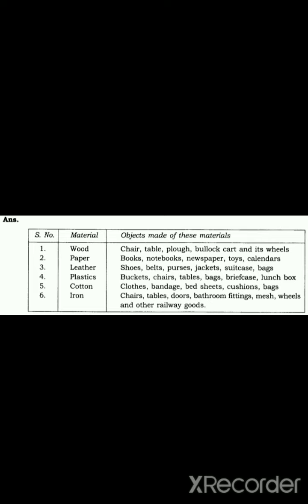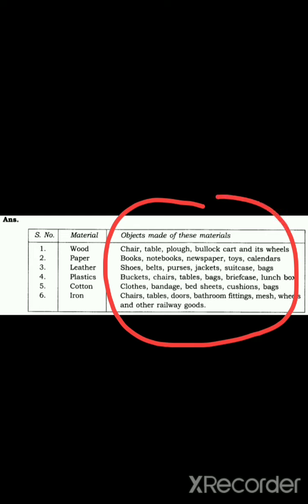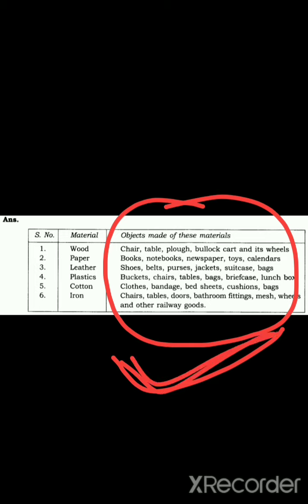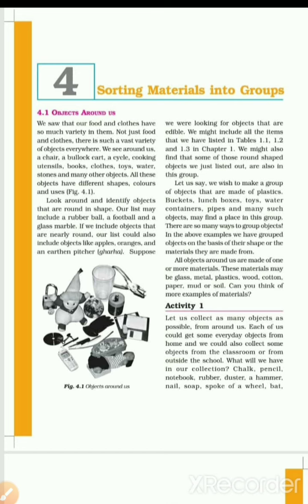In that, we can include items like a chair, table, plug, bullock cart and its wheels, books, notebooks, belts, purses, doors, mesh, buckets, bags, etc. All these things we can see on a daily basis.